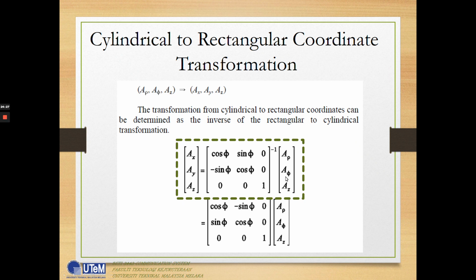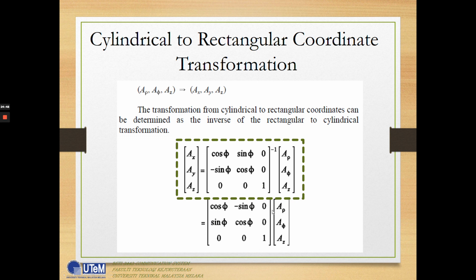So I would like you to explore more on matrix inversion. If you feel difficulty, possibly I will upload one extra helping video on how to do matrix inverse. Maybe it will be helpful for you.